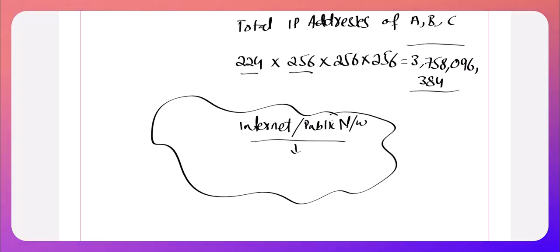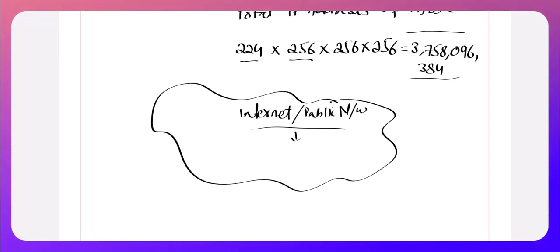According to a current estimate, the total number of active connected devices, not users, connected devices, is almost 30 billion. And what is the available number of addresses here? It is 3 billion something. So there is a huge difference.